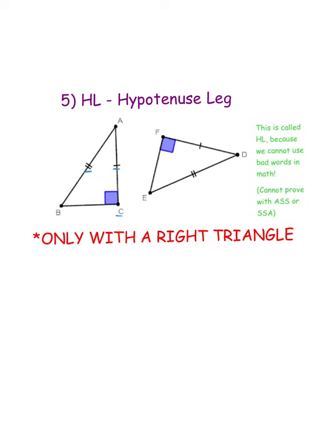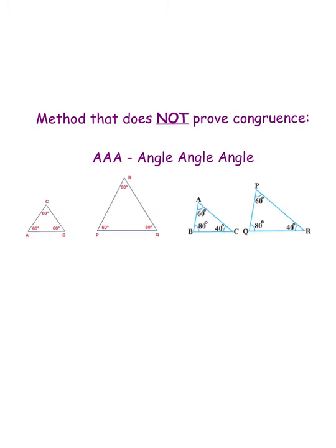So we call this hypotenuse leg. It only works with a right triangle. So that means if I have a right triangle and I know that the 2 hypotenuses are equal or congruent and one of the legs, meaning here and here, I can say that they're congruent by hypotenuse leg.